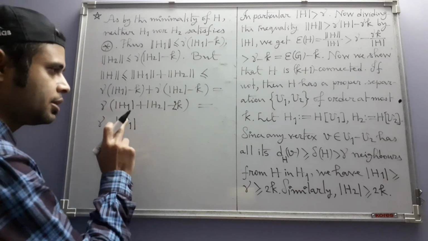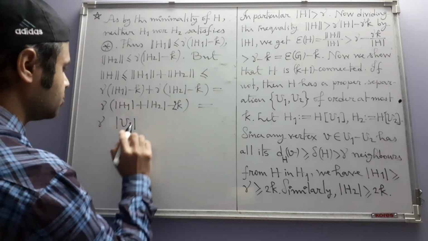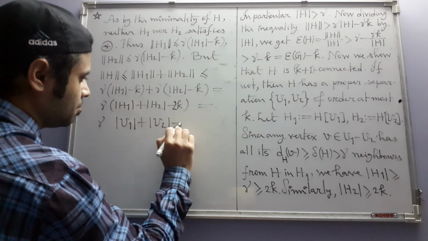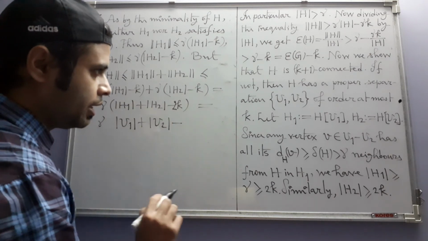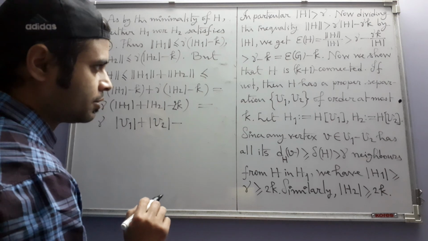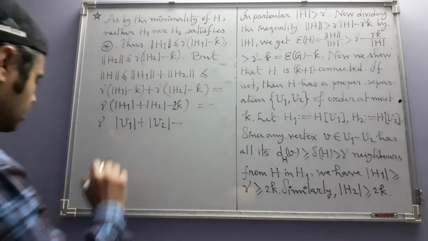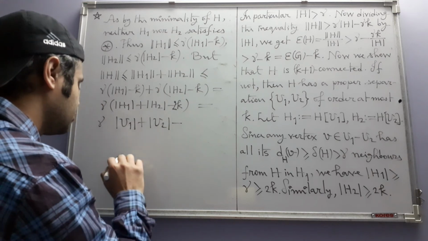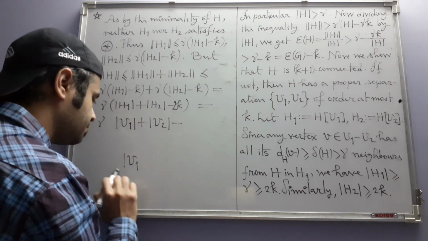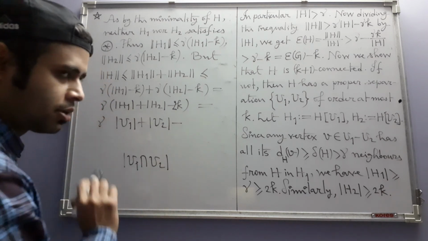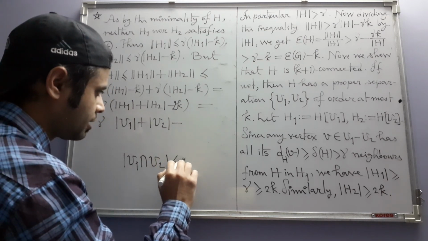In fact, U1 is the set of vertices in H1 plus U2 minus the order of the separation, which is at most K.